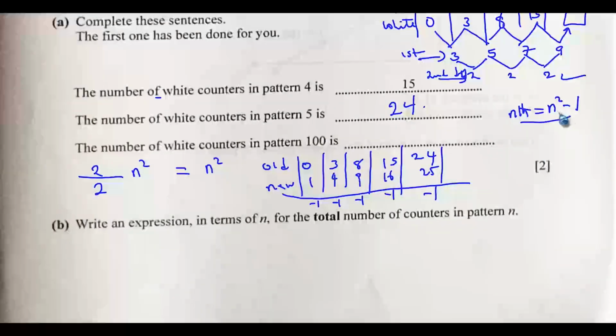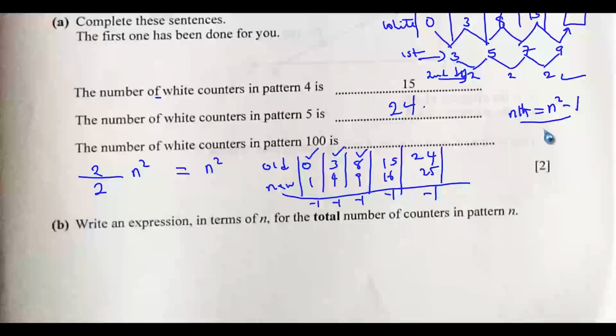When n is 1, that's the first term of the old sequence: 1 times 1, 1 minus 1, 0. This is correct. When n is 2, 2 times 2 is 4, 4 minus 1 is 3. When n is 3, 3 to the power of 2 is 9, 9 minus 1 is 8. You can see this is correct.